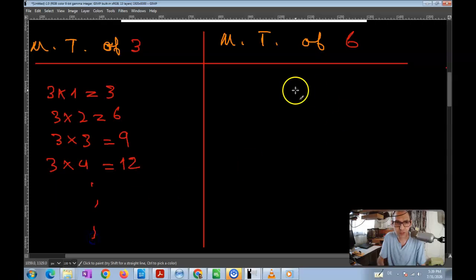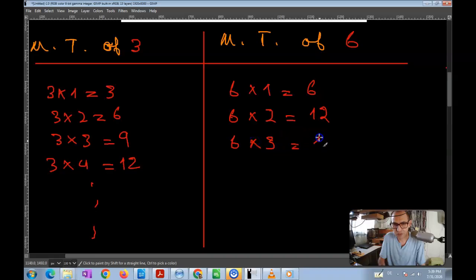Now 6 times 1 is equal to 6, 6 times 2 is equal to 12, 6 times 3 is equal to 18, 6 times 4 is equal to 24, and again the same relationship, meaning 3 and 6: 6 is twice 3, right?